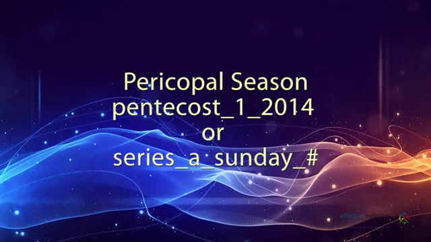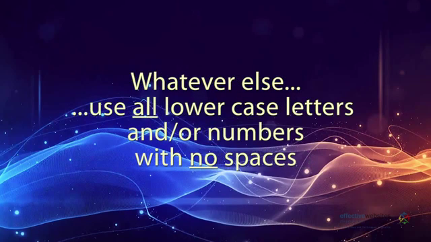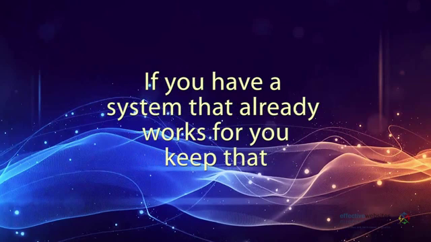If you're a church, or if you're a pastor preaching on a pericopal year, maybe you want to go Pentecost 1, 2014, or Series A something or another. However you decide to title your MP3s, use all lowercase letters or numbers and leave no spaces. And if you have a system that works for you, keep that. It's just an idea for you to consider if you don't have a system already.